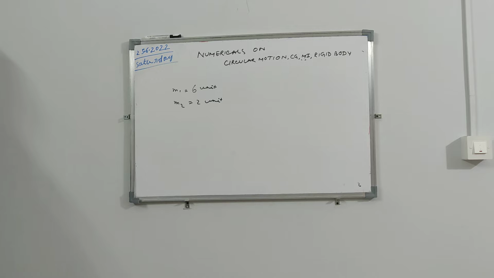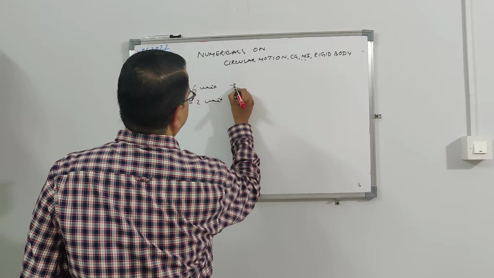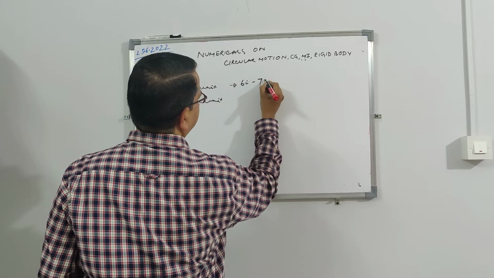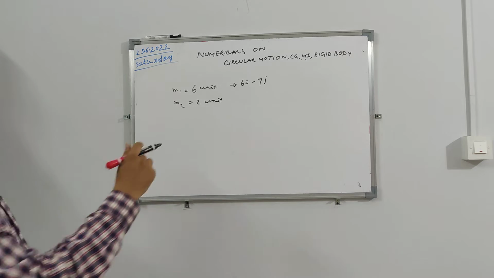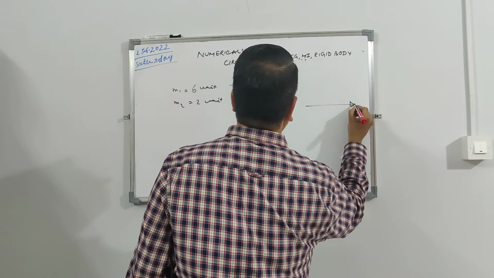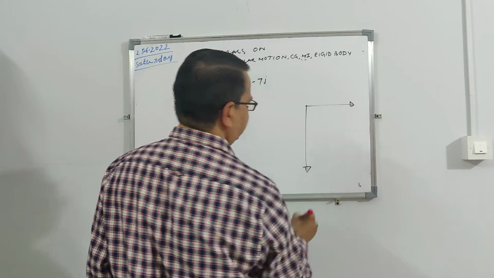The two masses are at given positions. One is at 6i minus 7j. That is the position vector. That means in x direction it has moved 6, and in y direction it has moved 7.